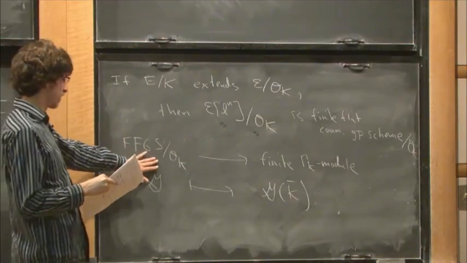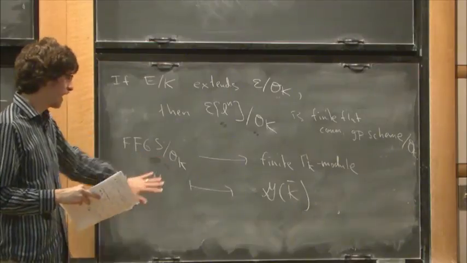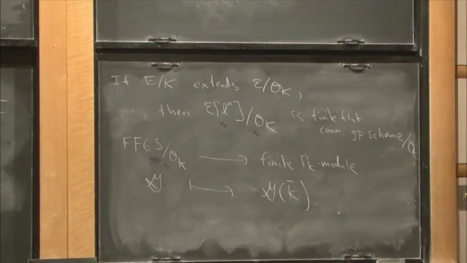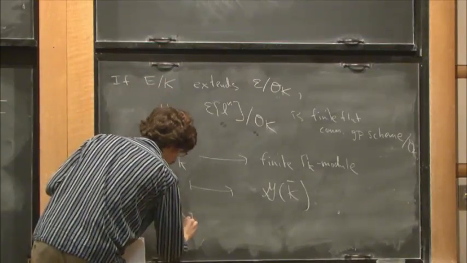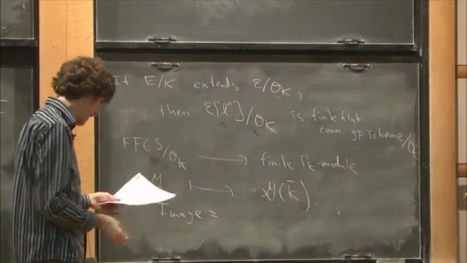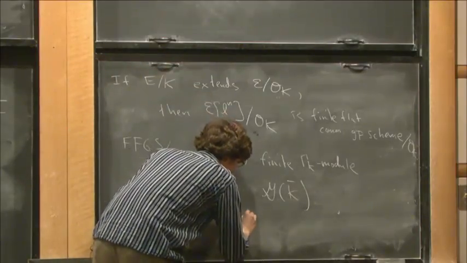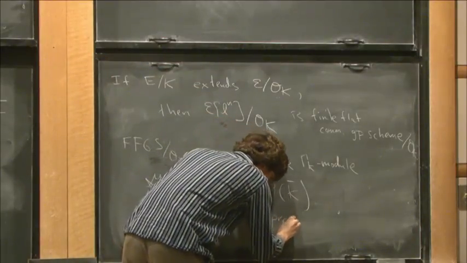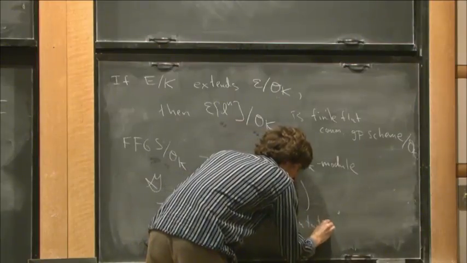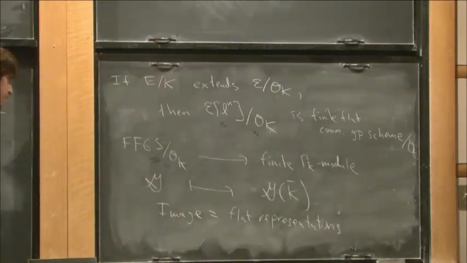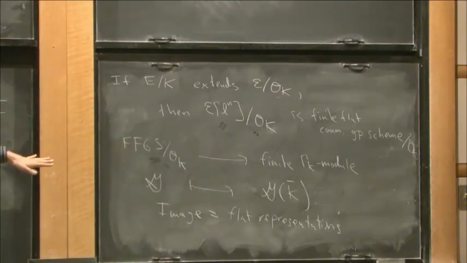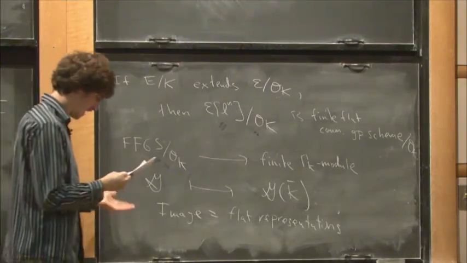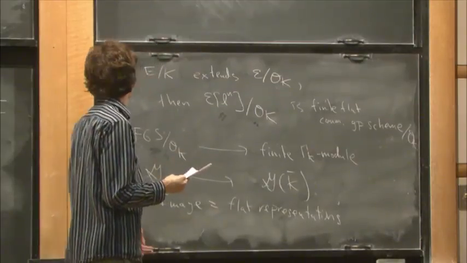But the fact that such a group scheme exists over O_K makes the representations we get very special. And so we're going to call the image of this map the flat representations. So just to reiterate, if we have an elliptic curve with good reduction, then the L to the n torsion on that elliptic curve is a flat representation. So that's our motivation for why this is an interesting thing to consider.